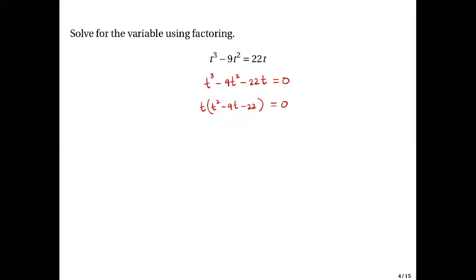So for the solution that I will show you here, we'll do the complete details. So remember, we have your A here, that's equal to 1. Your B, that's equal to negative 9. Your C, that's equal to negative 22. So we don't actually need to write A in here.